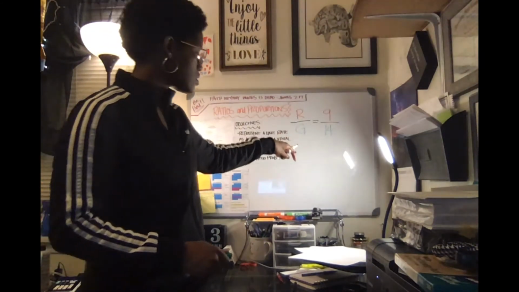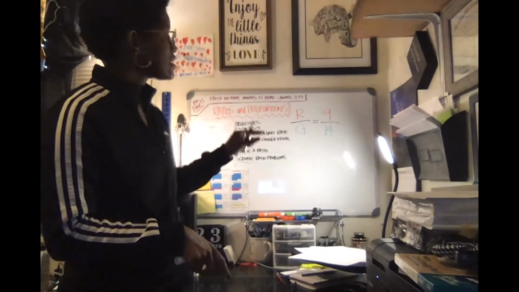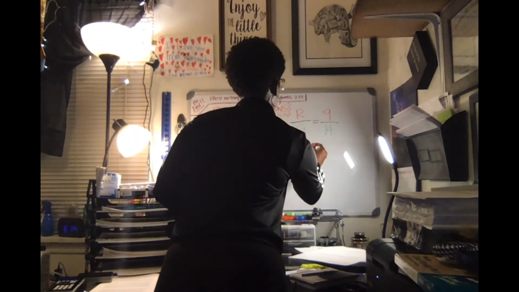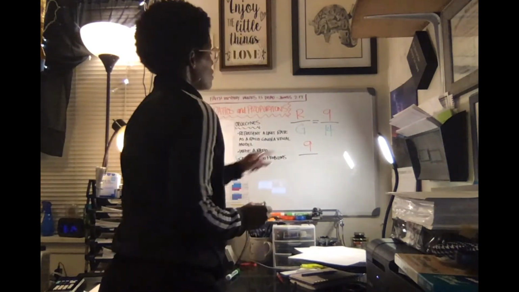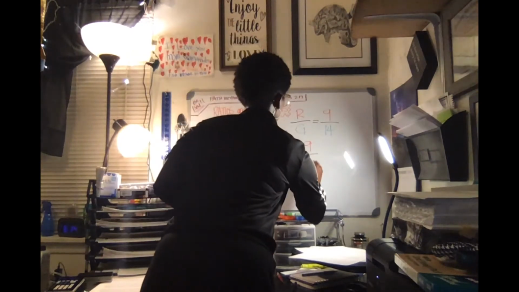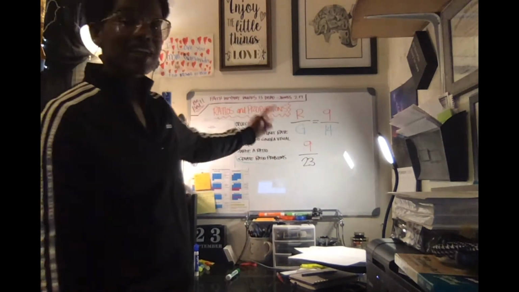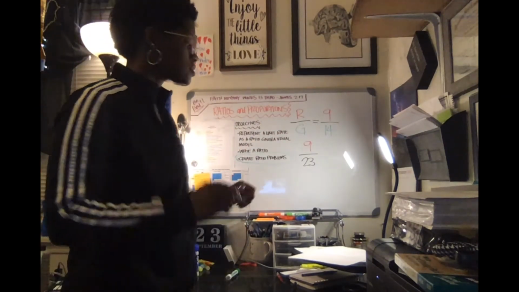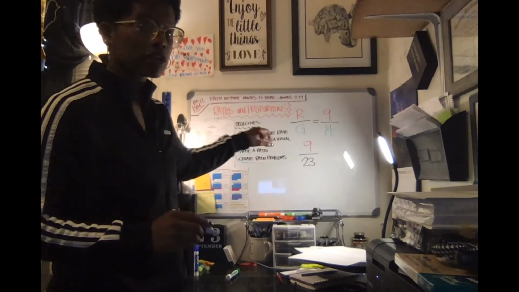So between the red and green, it's 9 red, 9 plus 14 is 23. So for every 23 M&Ms, 9 of those are red. That is what that means. So that's the ratio that we want to deal with. For every 23, we have 9 red.